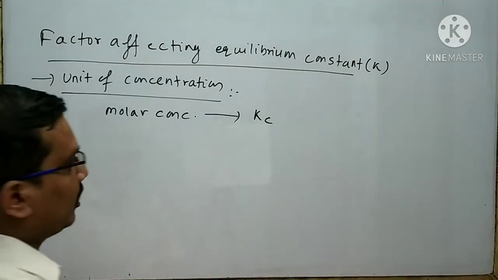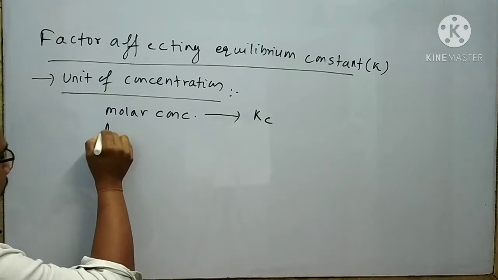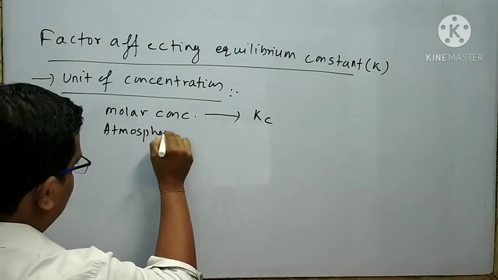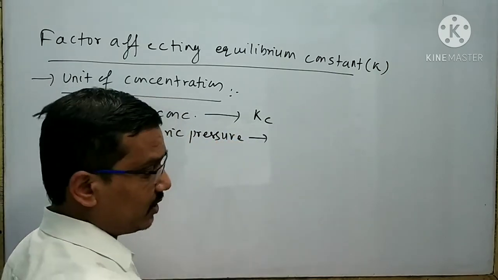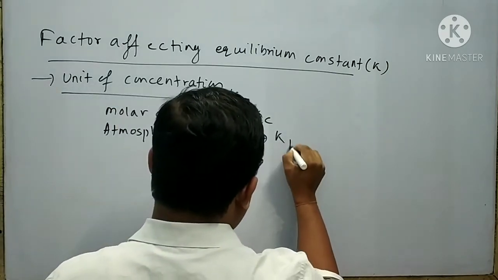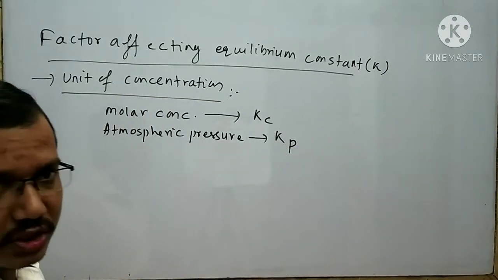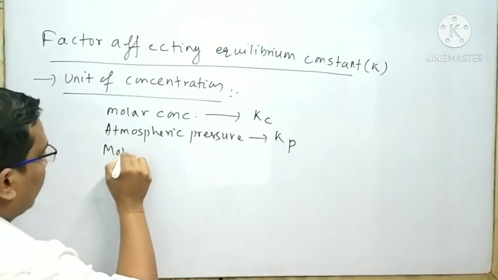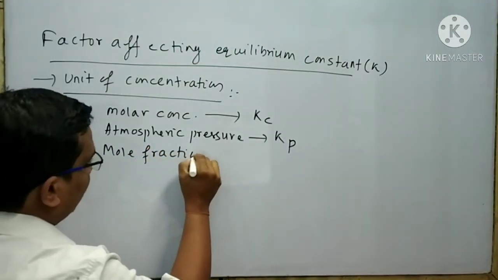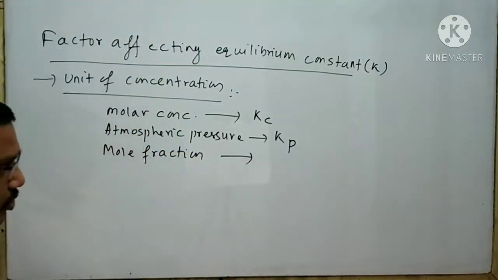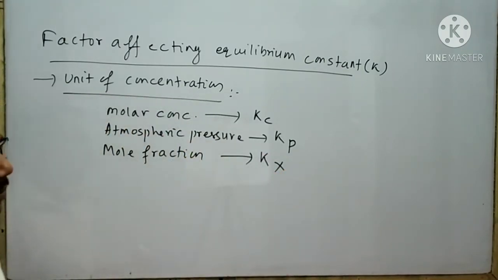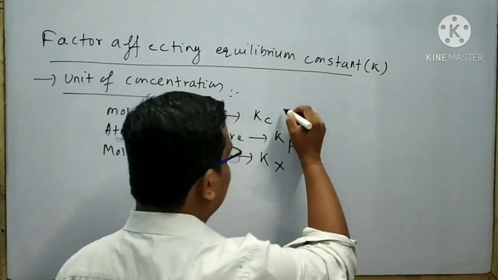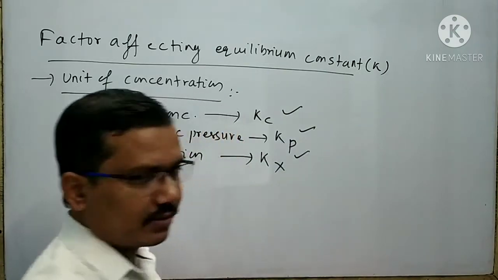If it is represented by atmospheric pressure, then it is represented by Kp. If it is expressed by mole fraction, then it is represented by Kx. Depending upon the unit of concentration, we generally think about Kc, Kp, Kx.